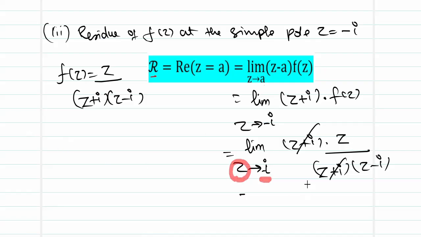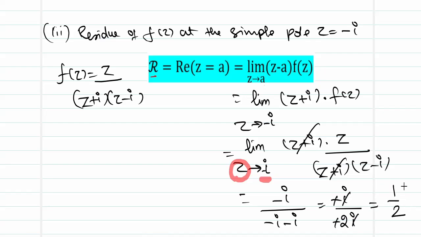So you have the numerator equal to minus i, divided by the denominator minus i minus i. So it is minus i divided by minus 2 times i; the minus signs cancel off, i cancels off. Again this leaves you with 1 by 2. So finally we have estimated the residue at the simple pole z is equal to minus i also to be equal to 1 by 2.